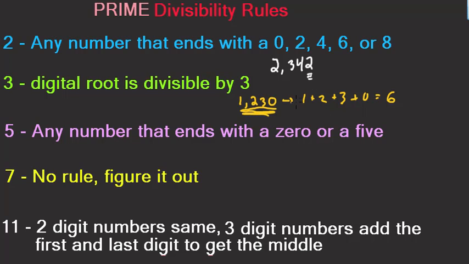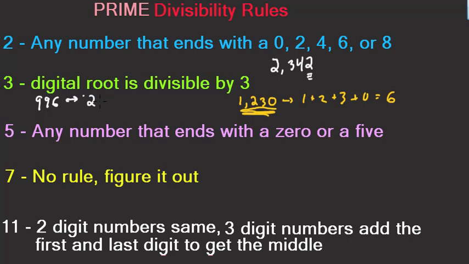And if the sum of all the digits is a really big number, you can find the sum of those digits and it will still be divisible by 3, then the digital root works still. So for example, if I have like a 996, if I add all the numbers together, 9 plus 9 plus 6, that's 24.